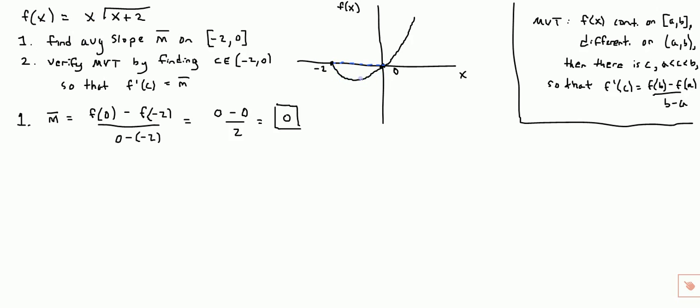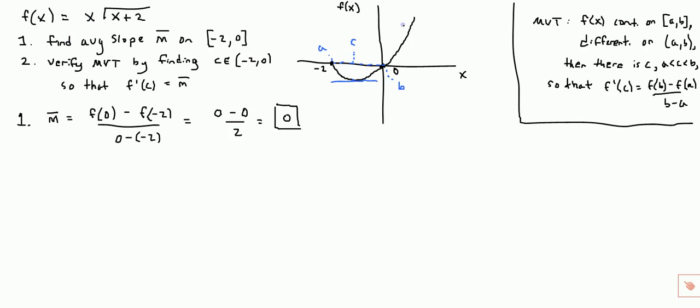So where along here does it look like the tangent line has slope 0? It looks something like this, right? If we drew the tangent line there, it roughly matches 0, right? So c is going to be some point in between negative 2 and 0. Okay, and then to use the mean value theorem, we're going to have a as negative 2 and b as 0.